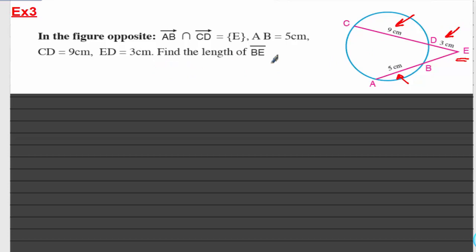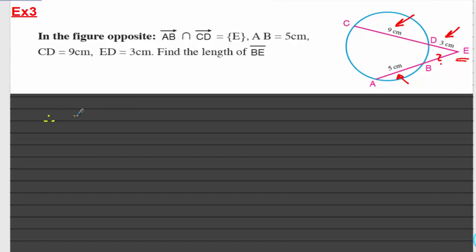Find the length of BE. Now, what is the relation between the 2 secants? We have E is the intersection point.